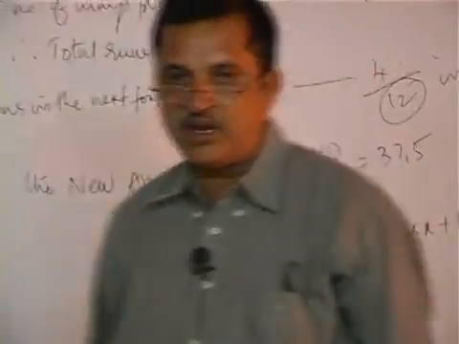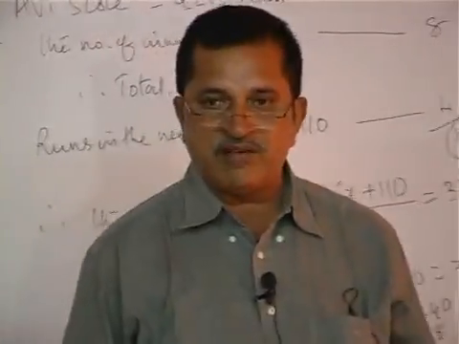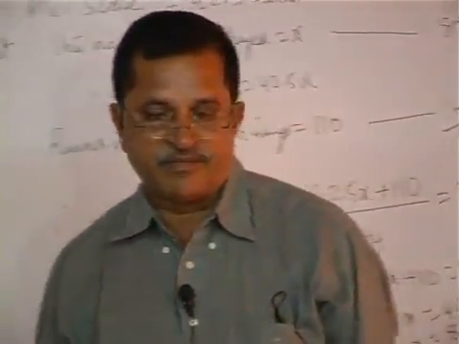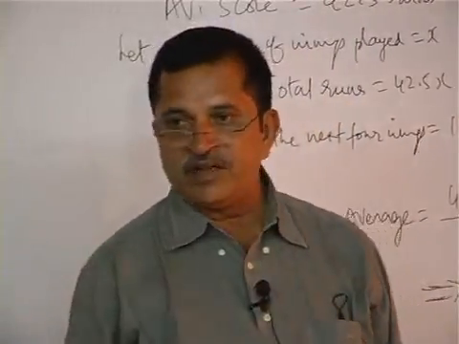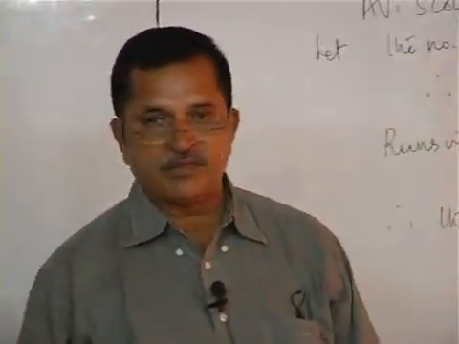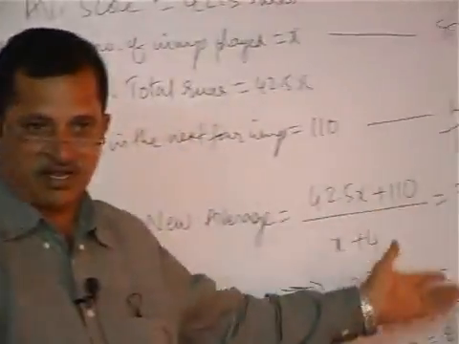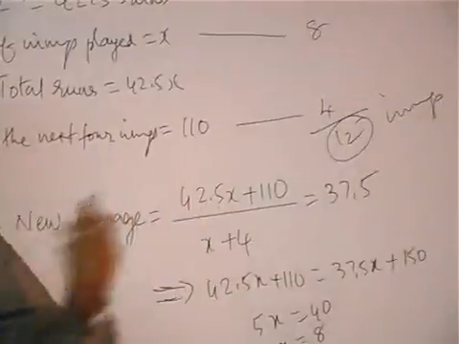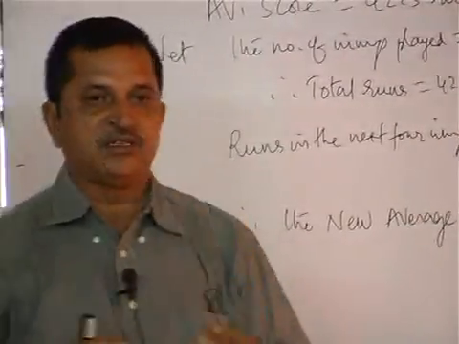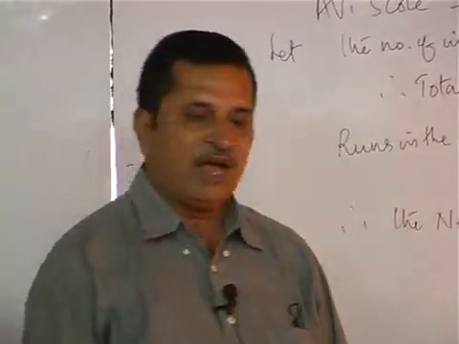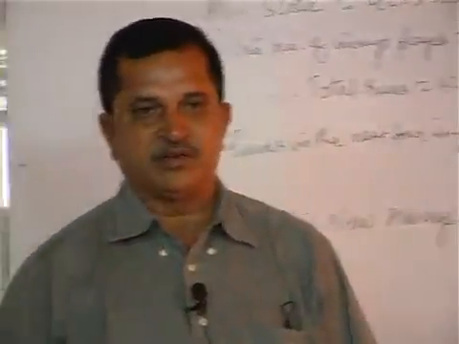Why specifically I told this problem is that for averages usually he will give a problem on cricket. Otherwise, he may ask a problem generally on weights and all, as I told earlier. Or he will ask to find the average of the first 50 odd numbers or something like that. Averages is a small chapter.